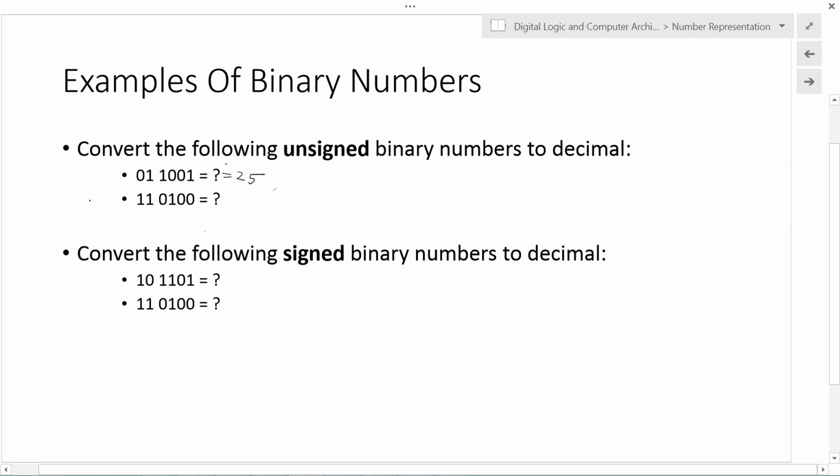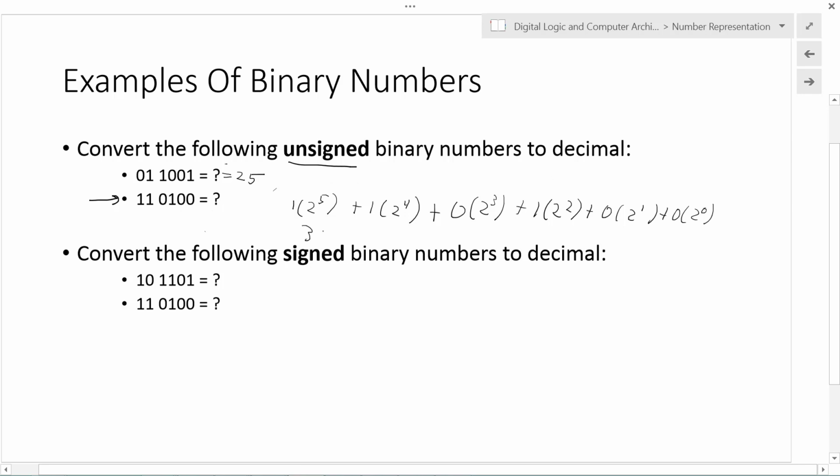Let's look at this binary number here. Unsigned. Remember, we're doing unsigned numbers, right? So we have 6-bit, so 1 times 2 to the 5 plus 1 times 2 to the 4 plus 0 times 2 to the 3 plus 1 times 2 squared plus 0 times 2 to the 1 plus 0 times 2 to the 0.